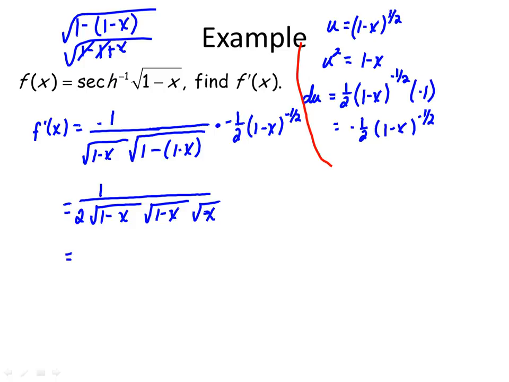So what you're going to have now is 1 over 2 square roots of x times 1 minus x. And that's all you can do. Alright, go on break.